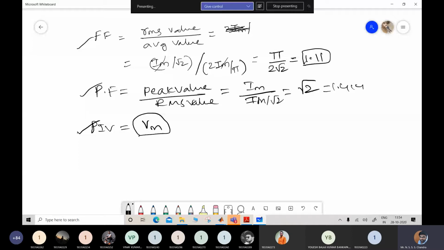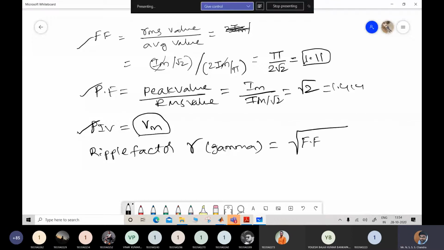So ripple factor, gamma, read as gamma. I myself was confused a lot of times, so you do not get confused with that. So gamma is equal to, as you derived in the last class, gamma is equal to root of form factor square minus 1. Is it right or not?